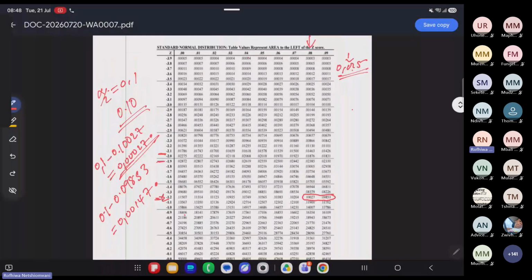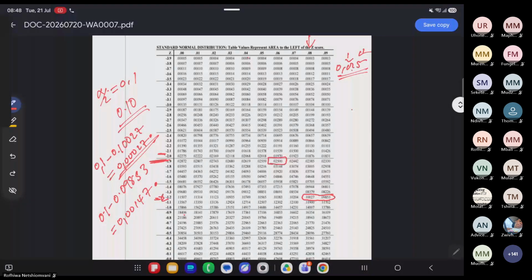Then after the 2, we want a 5. You only find it in this row, in 1.9. And then you find the exact value there. So we'll still be finding it the same way: you have the 0.025, go look for 0.025 inside the table.